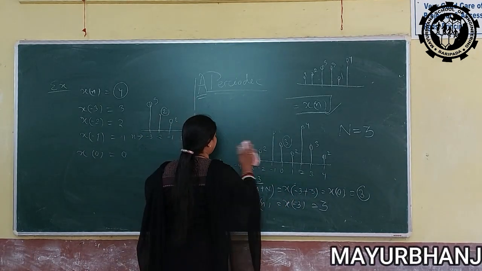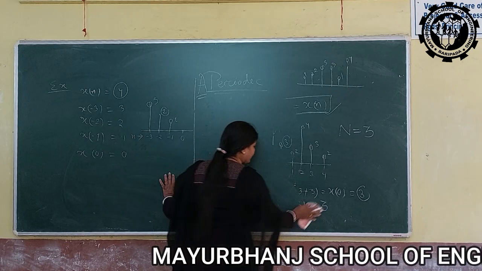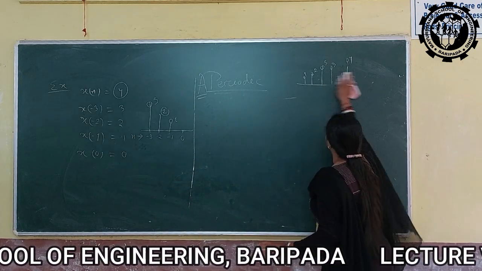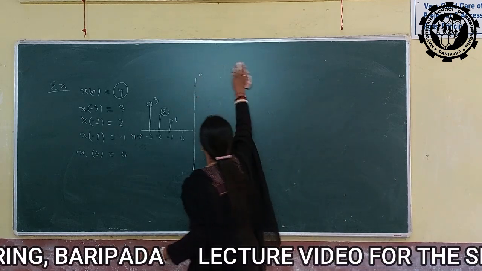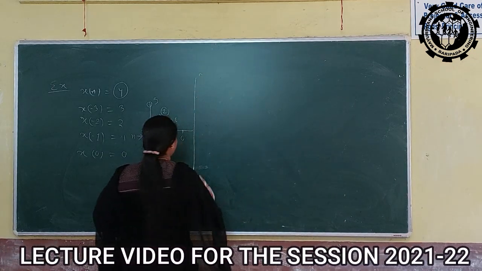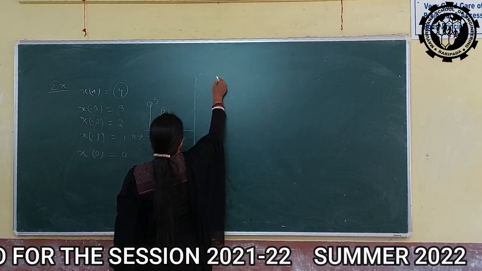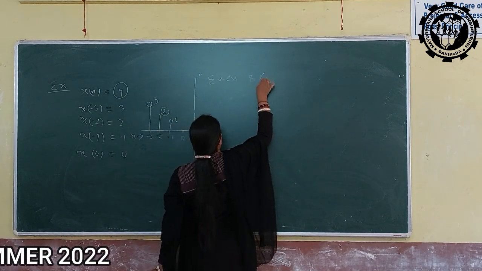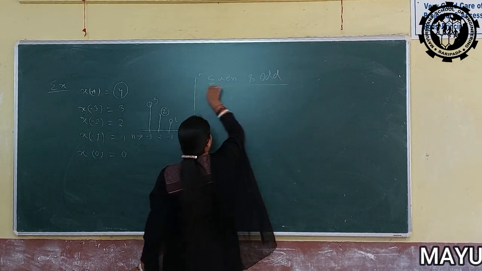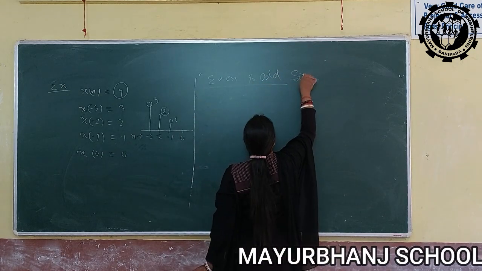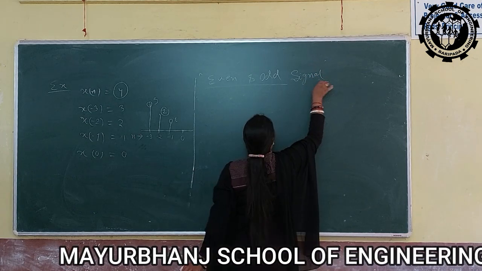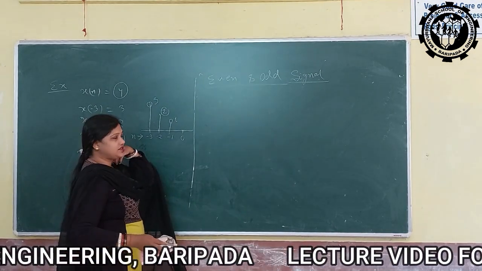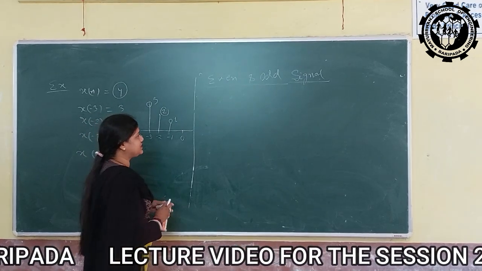Next, coming to the next point. Our next point is even and odd signal. Otherwise it is known as symmetric and asymmetric signal or skew symmetric signal.